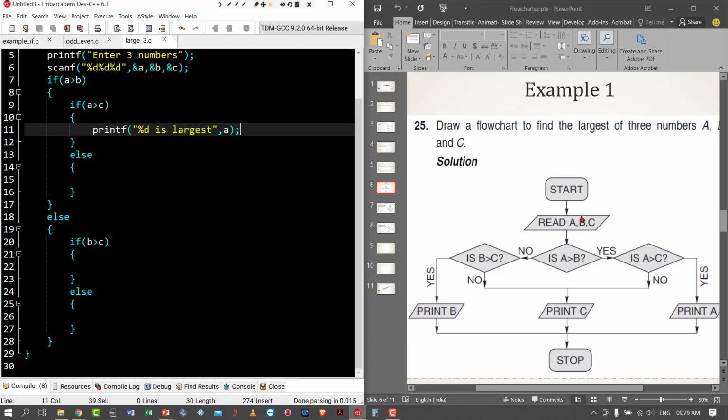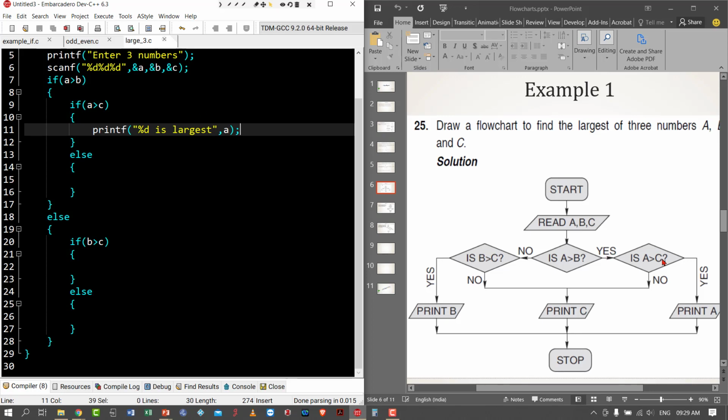So just look at the flowchart. First thing is read A, B, C. At line number 6 I have read A, B and C. Then I have compared on a condition: is A greater than B? That is written as an if statement.